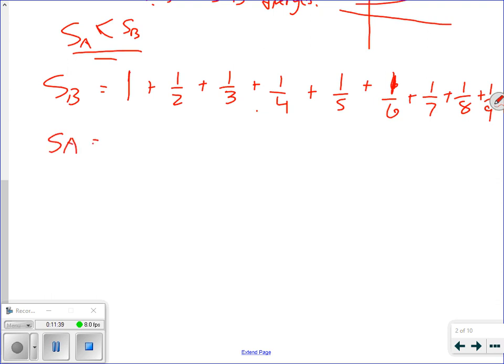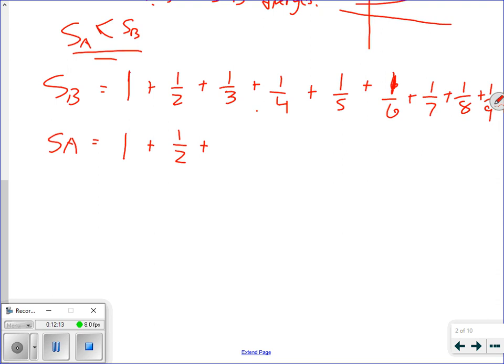Let's say that series A is the series that follows this form here. 1, and then 1/2, and then the pattern will be that each fraction is less than or equal to the fraction above it.